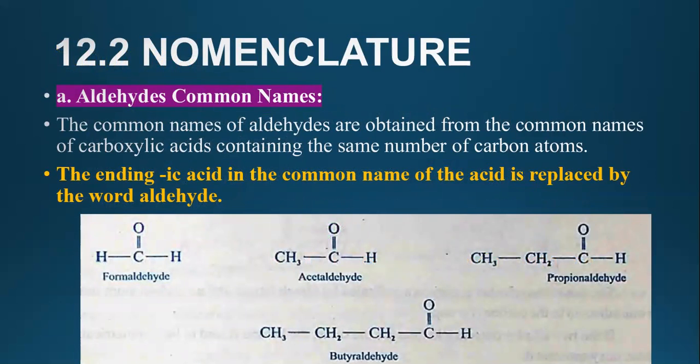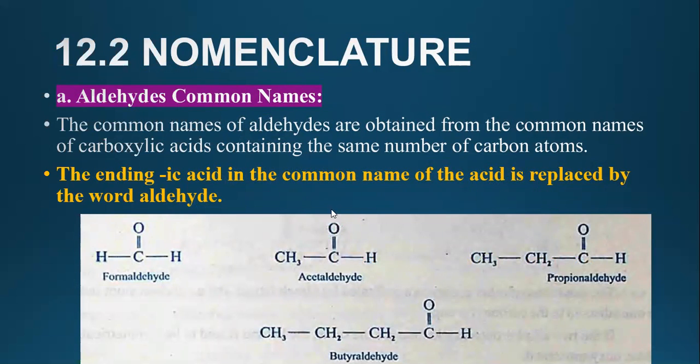Now we will see the nomenclature of aldehyde group. The nomenclature of aldehydes and ketones is discussed one by one, and we will see the common name as well as the IUPAC name. Common names are those names which are used in our daily life, but they do not have any authenticity. So first we will see the common names of aldehydes.